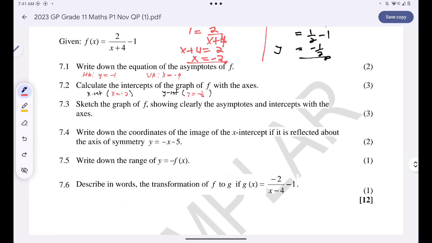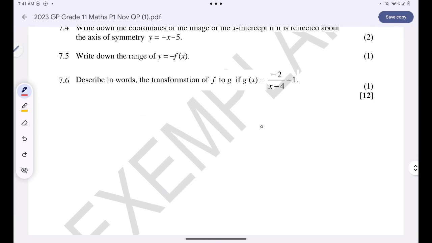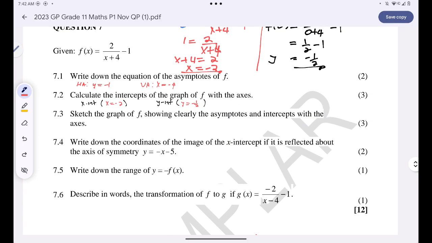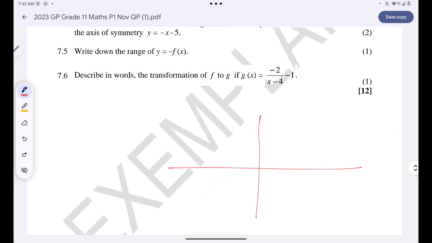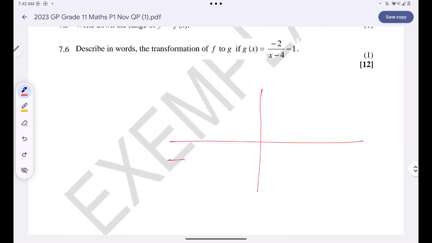And then 7.3, I'm instructed to draw the graph. The graph has the horizontal asymptote at y is equal to -1. So this will be my horizontal asymptote, and then the other one is at x is equal to -4.